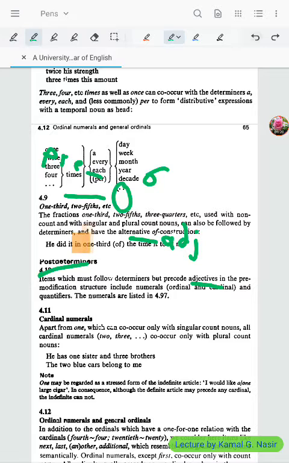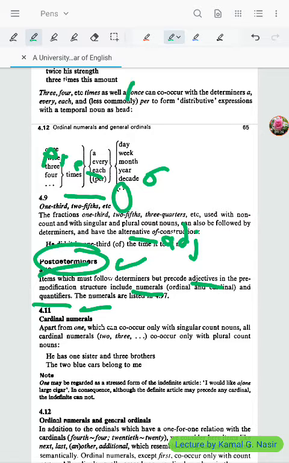What are the types of post determiners? We have, for example, numerals. Numerals are post determiners. And what else? Quantifiers. Also they are post determiners.